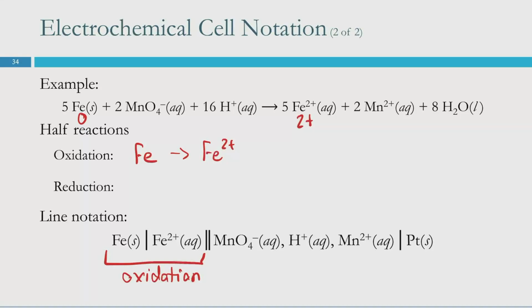And then all of the other things, except for water, are involved in the reduction half reaction. So our permanganate and our H plus going to manganese 2 plus.